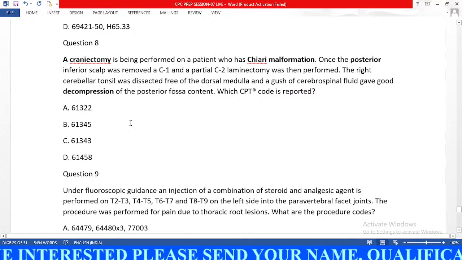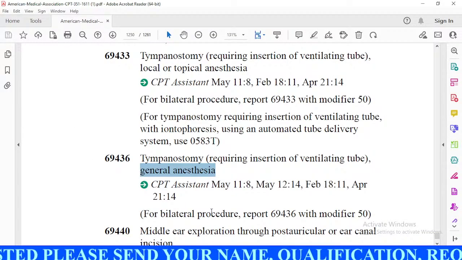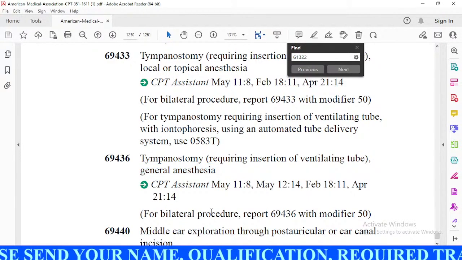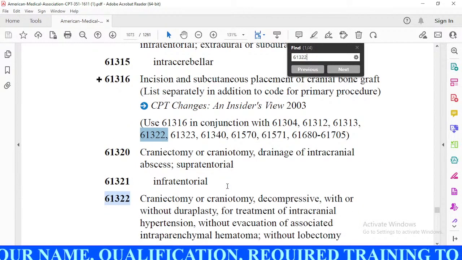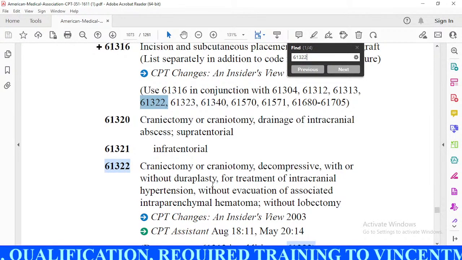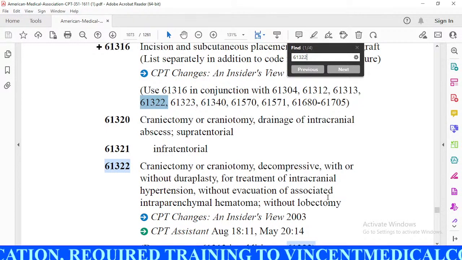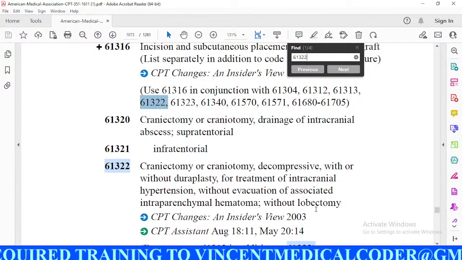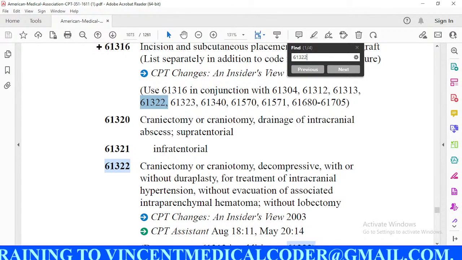We'll go ahead with the first one, 61322: craniectomy or craniotomy, decompressive, with or without duroplasty, for treatment of intracranial hypertension, without evacuation of associated intraparenchymal hematoma, without lobectomy. Our code description does not resemble our question.